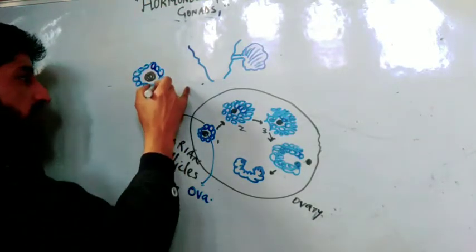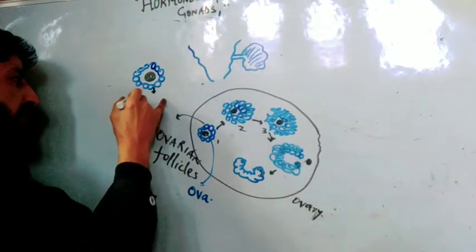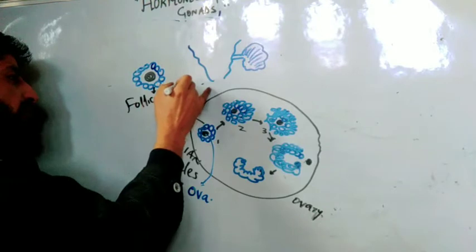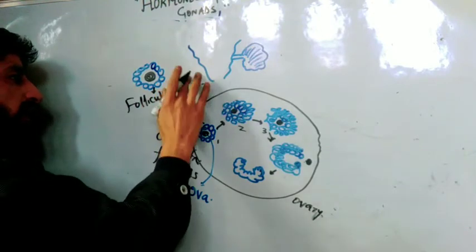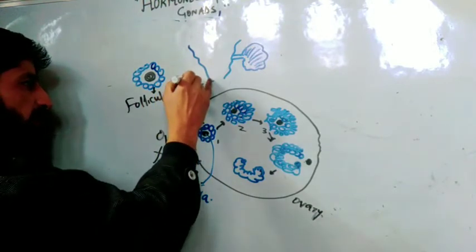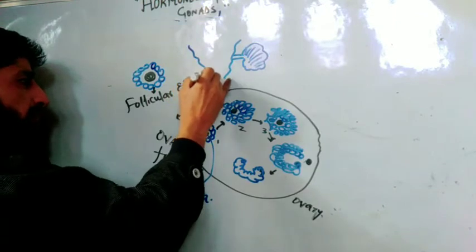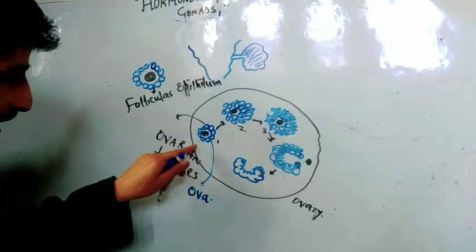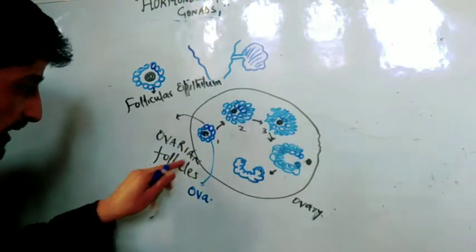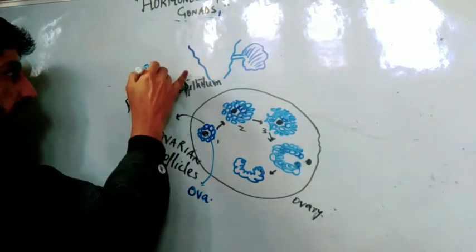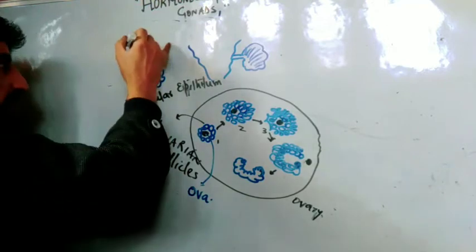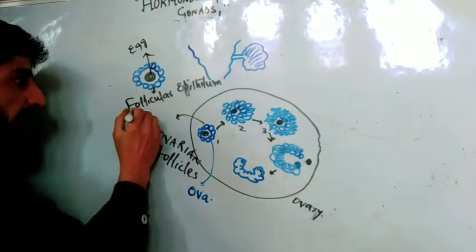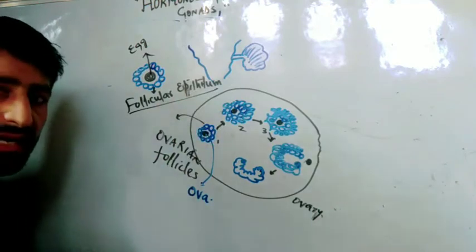This covering is known as follicular epithelium or follicular cells. So here is an ovary. Inside the ovary there is ovarian follicle. Each ovarian follicle contains egg and a membrane covering. That covering is known as follicular epithelium.